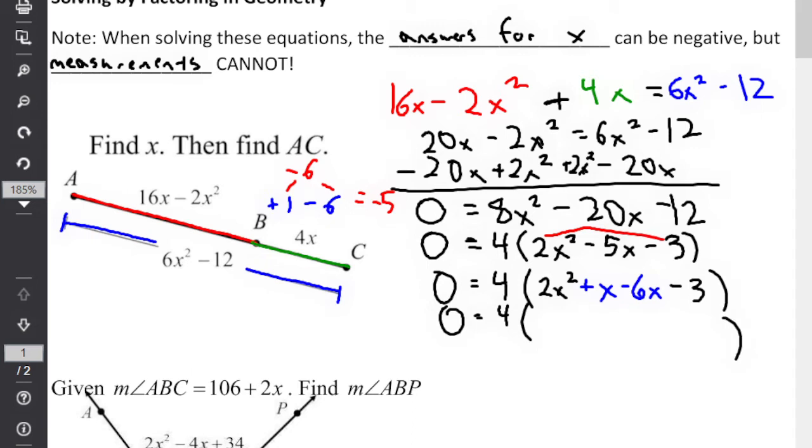I'm going to make sure not to lose my 4. In my first group, is there a number that can come out? No, there's not. It would just be a 1. Is there an x in both of them? Yes, there is, so I can take an x out. When I do that, I'm left with the 2x, one of the x's went away, plus 1, one of the x's went away.